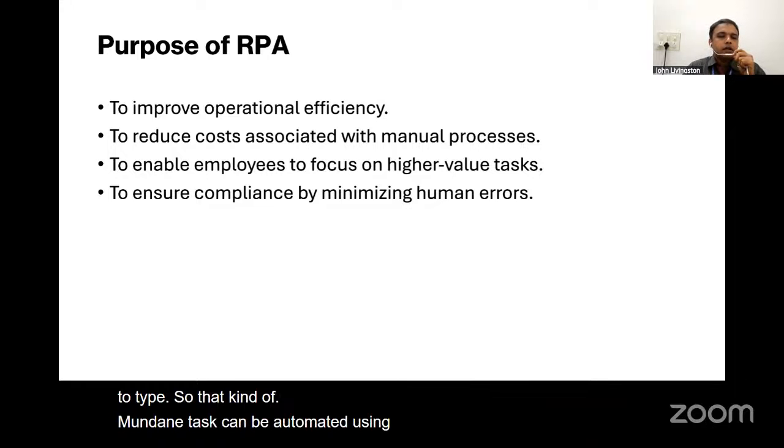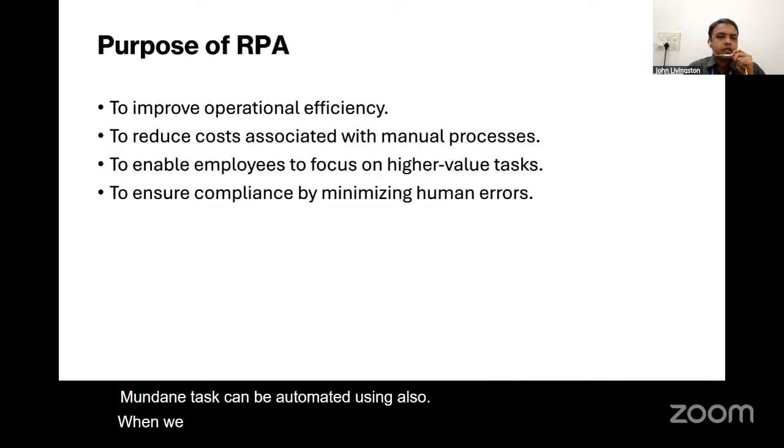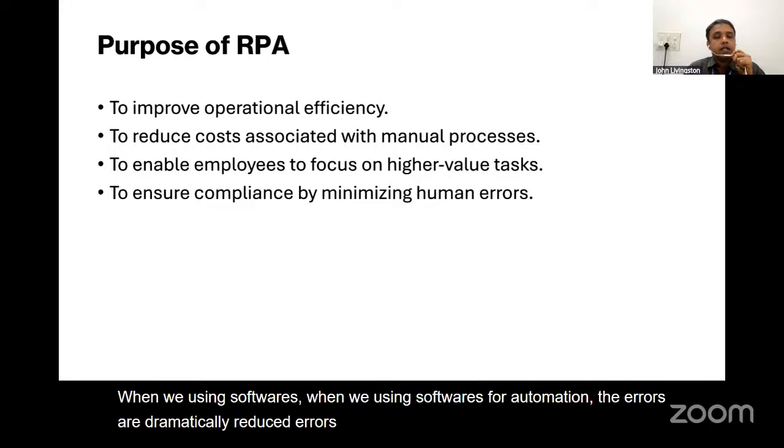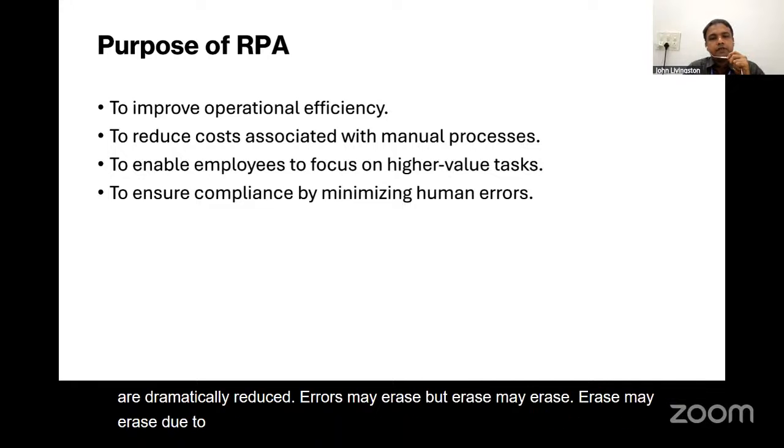Also, when we use software for automation, the errors are dramatically reduced. Errors may arise due to some external factors, right? But the errors are minimized compared to human errors.